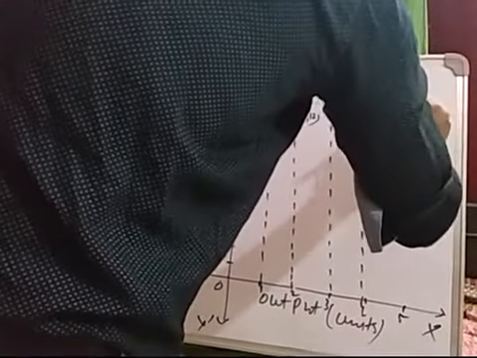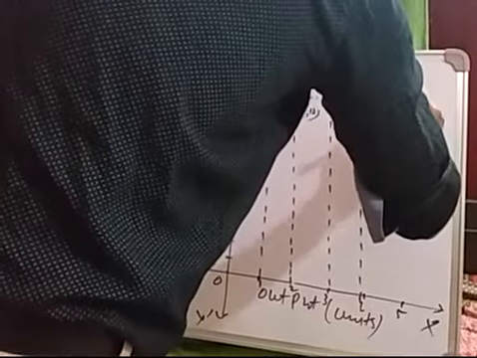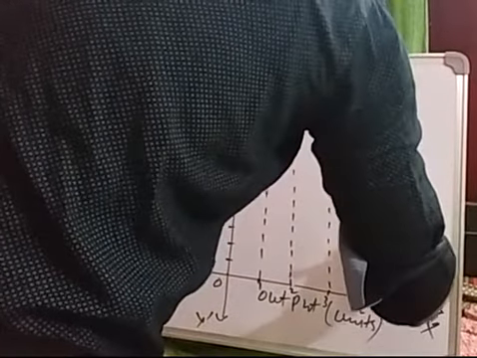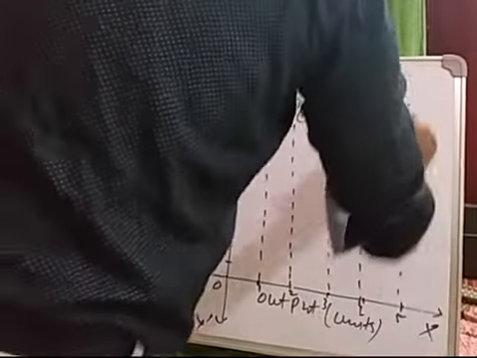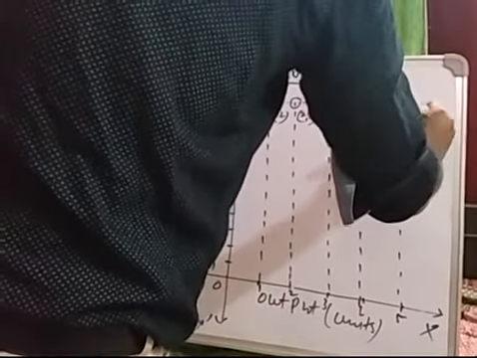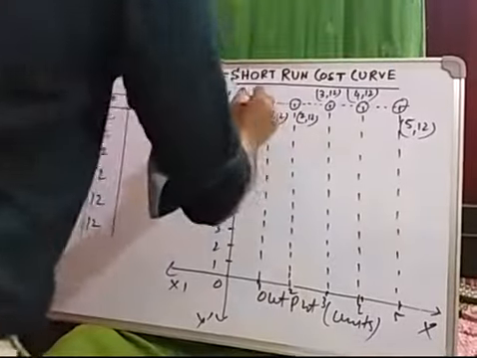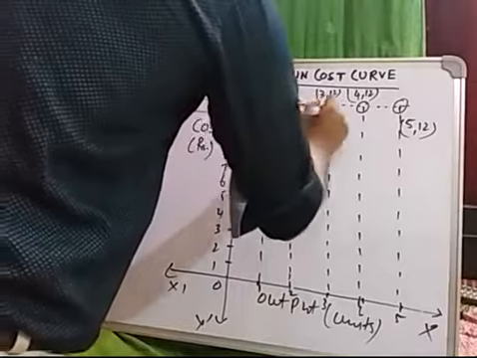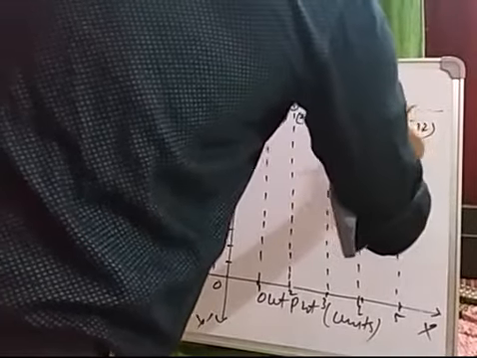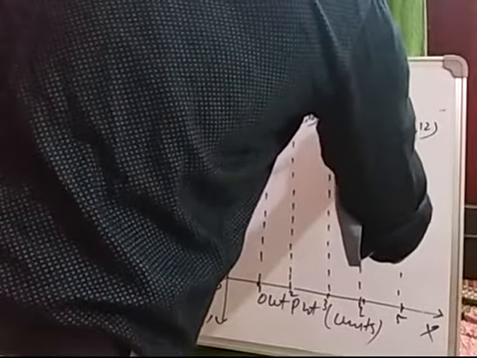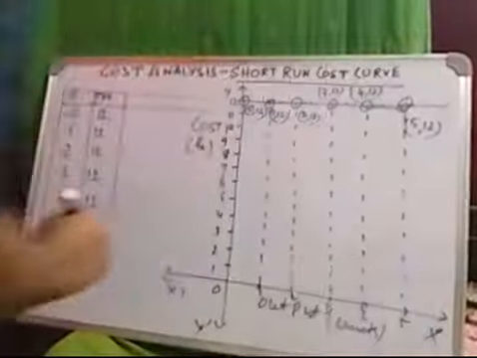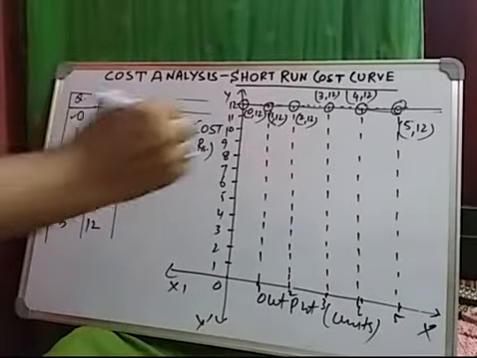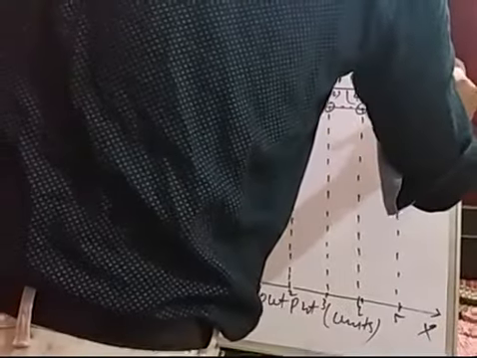If you produce 5 units, you also pay 12 rupees, meaning this is 5, 12. Then if you join the points, you automatically get the TFC curve. This is the TFC curve.